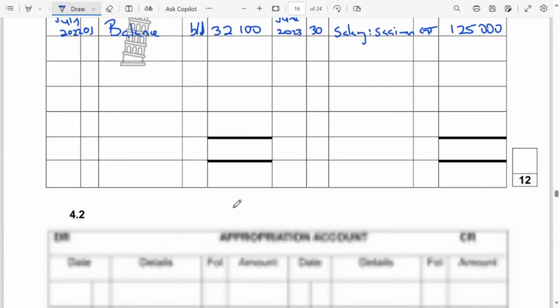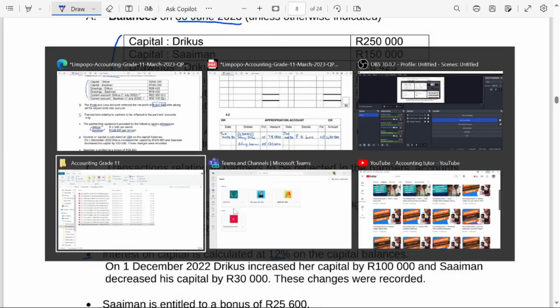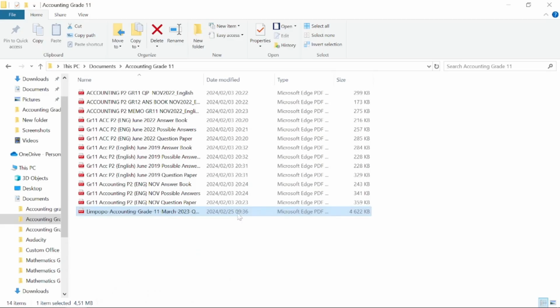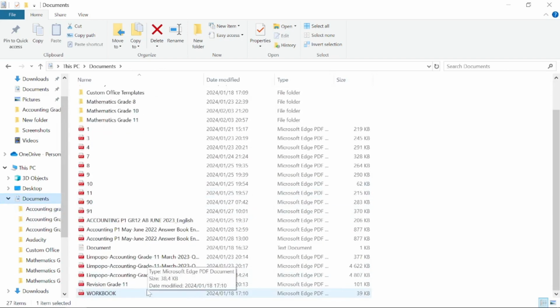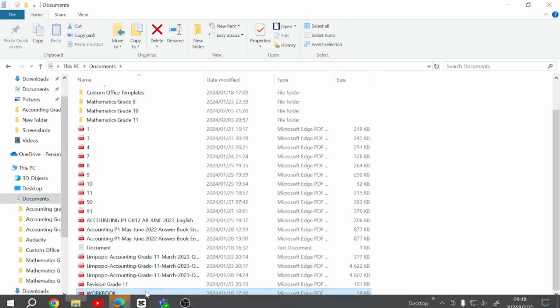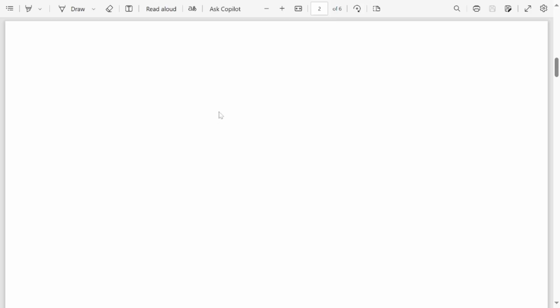And then let's continue. Then they are saying interest on capital is calculated at 12% on the capital balances. So I want us to do this using a timeline. So let me use this for a timeline. Okay, here it is. Okay, so let me draw a timeline.